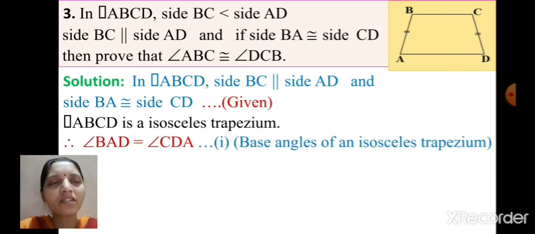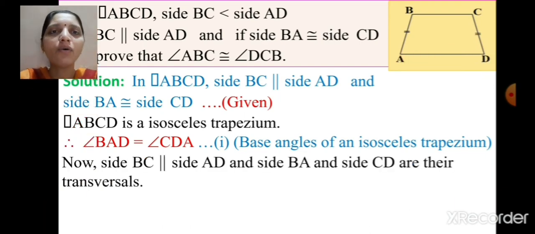And in isosceles trapezium we know that base angles are congruent. So we can write here angle BAD is equal to angle CDA. Now side BC is parallel to side AD and side BA and side CD are their transversals.